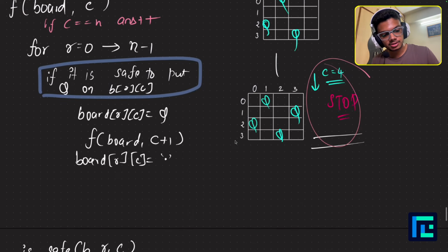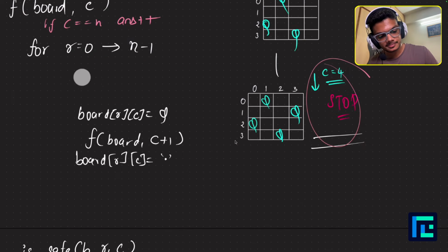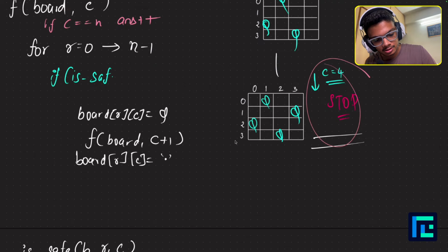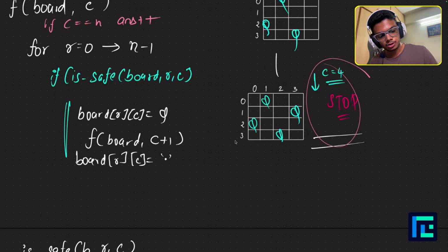So I can just replace this thing with a simple if check: if it is safe to put the queen, passing board here, on the cell defined by R and C, I'm going to put it, then move forward, and then backtrack, right?